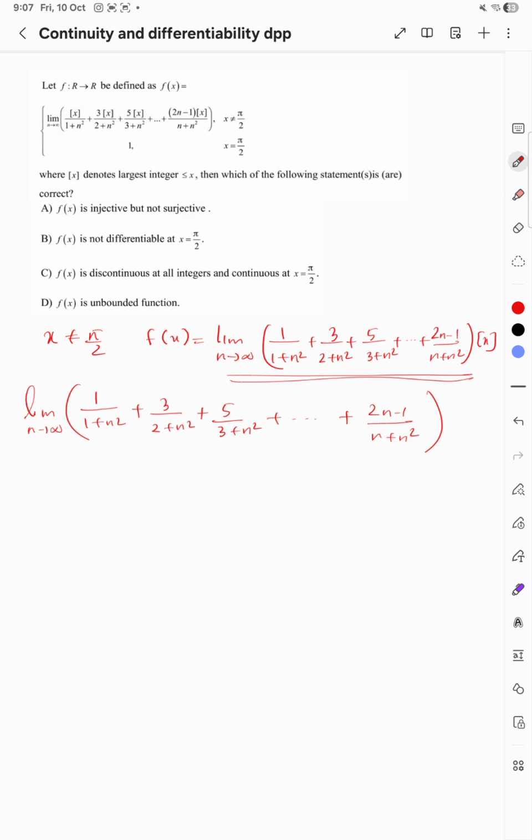So for this expression, 1 by 1 plus n square, 3 by 2 plus n square, 5 by 3 plus n square, etc., 2n minus 1 by n plus n square, what I am going to do is take an expression in which all the denominators are the same, and I am taking the denominator as n plus n square. So my expression is like this.